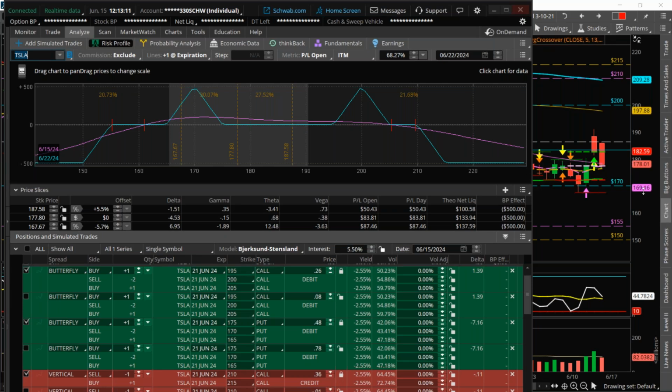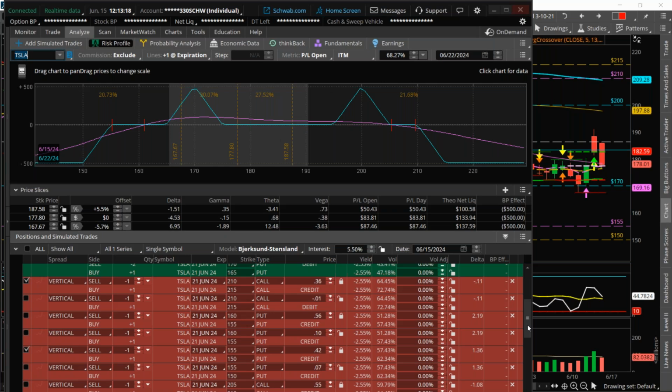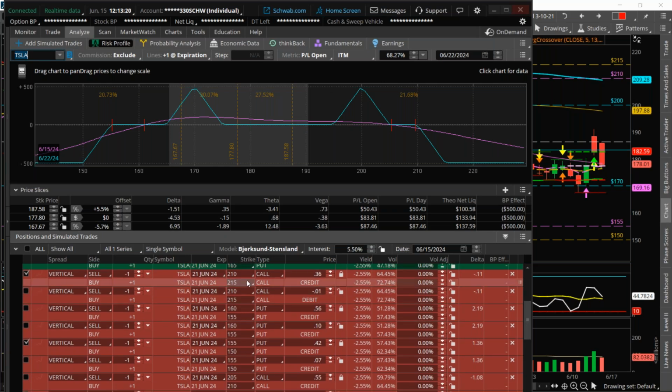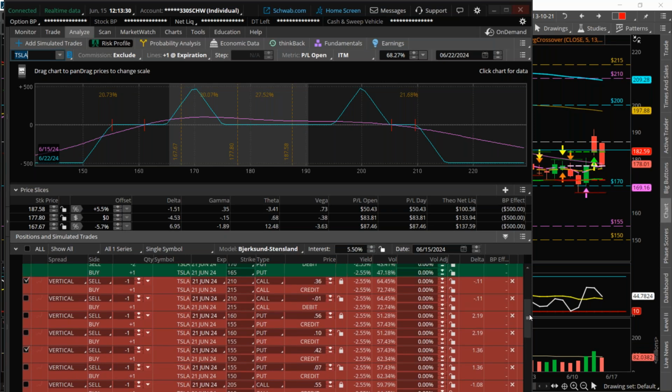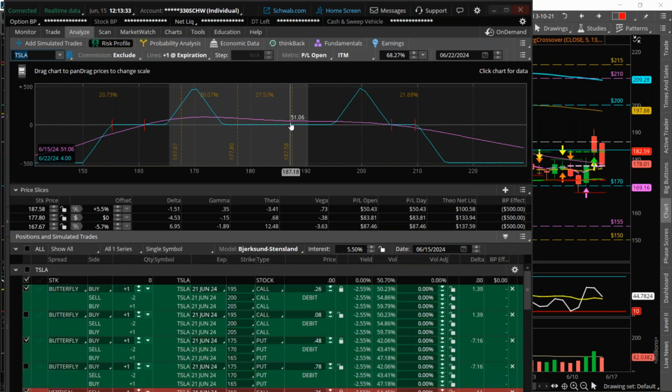Then we collared it on the upside by selling the 210, 215 bear call credit spread, which brought in about 36 bucks, and then sold the downside 155, 150 bull put credit spread at 42. See in the middle here, it's currently trading at 177.80 right here.